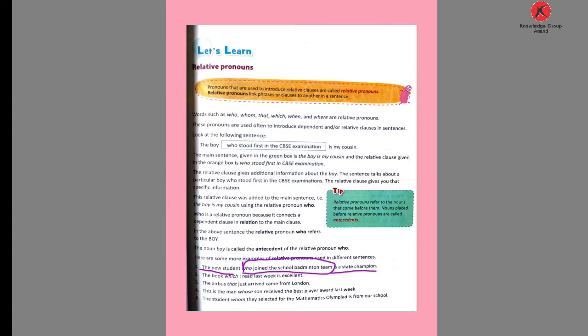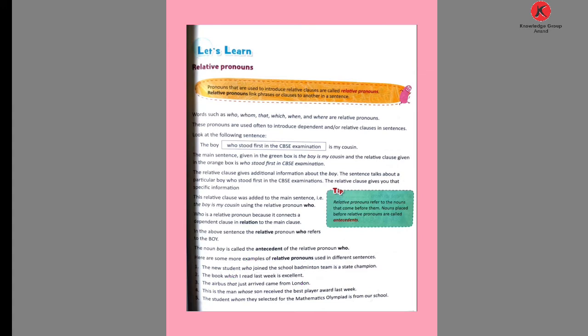This is showing the relation, the relative relation, information about the student. The new student who joined the school badminton team is a state champion. This is how we show the relation.